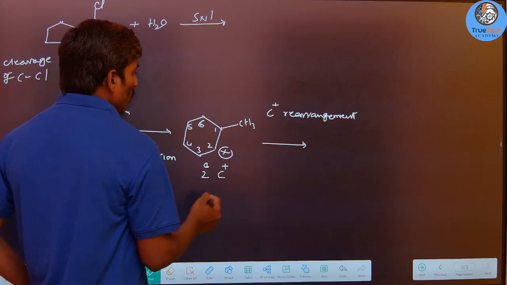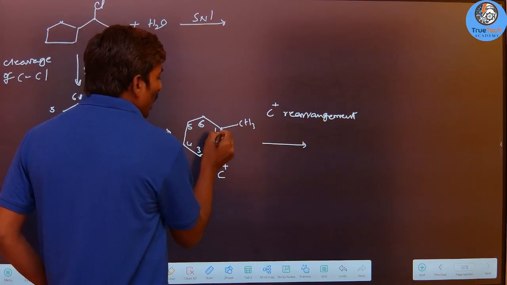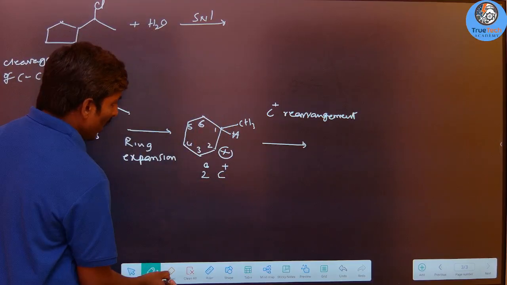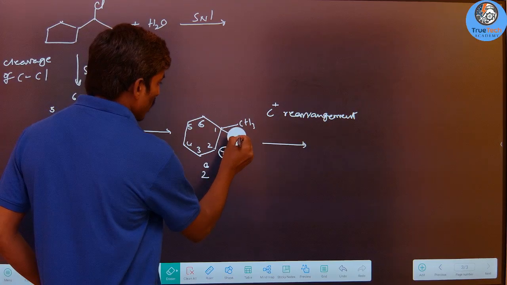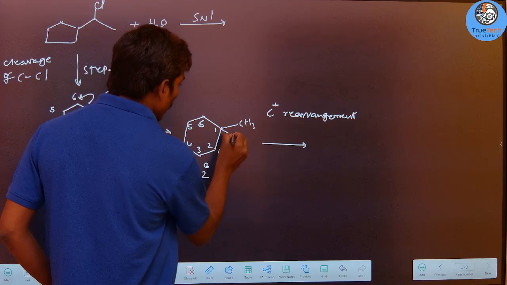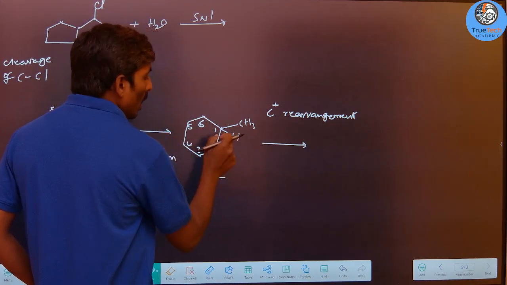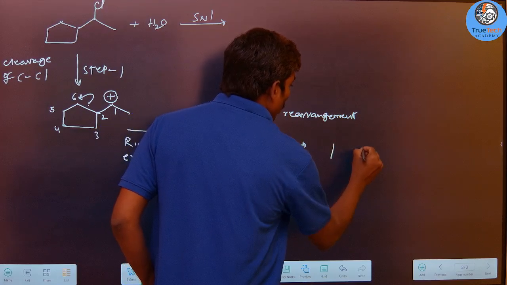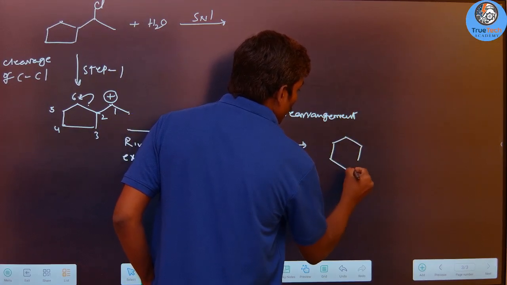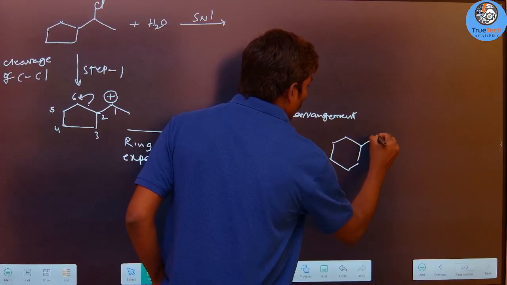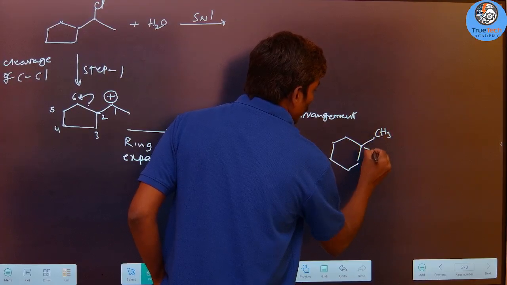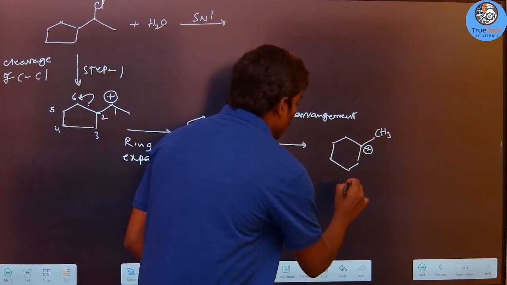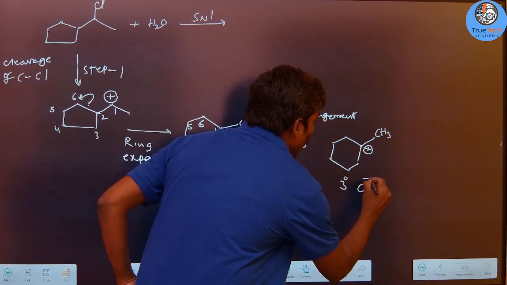When the hydrogen present at this carbon shifts to this carbon as a hydride, you are going to get the tertiary carbocation, CH3. So this is how the secondary carbocation is further converted into the tertiary carbocation.